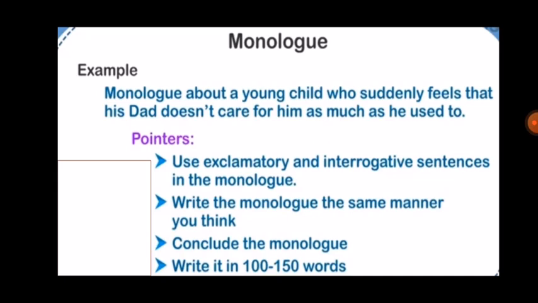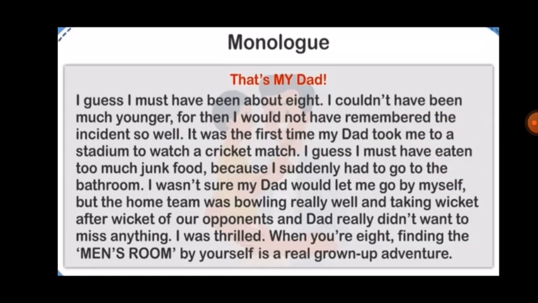Now that you have got your pointers, let's start writing a monologue. Now let's begin with the title first. The title of the monologue. Since you're telling about your father, you could write, "That's my dad." That's the title.